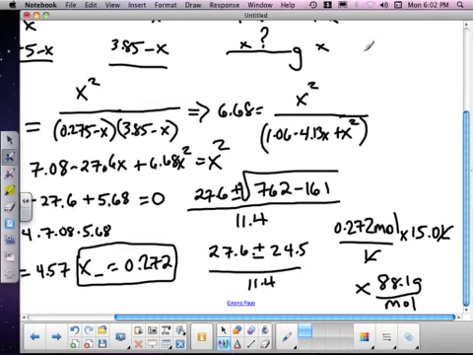That pretty much is all of the numerical type problems for this chapter. I guess I could do one more Le Chatelier. Let me see if I can find one quickly. Okay, we did 64.